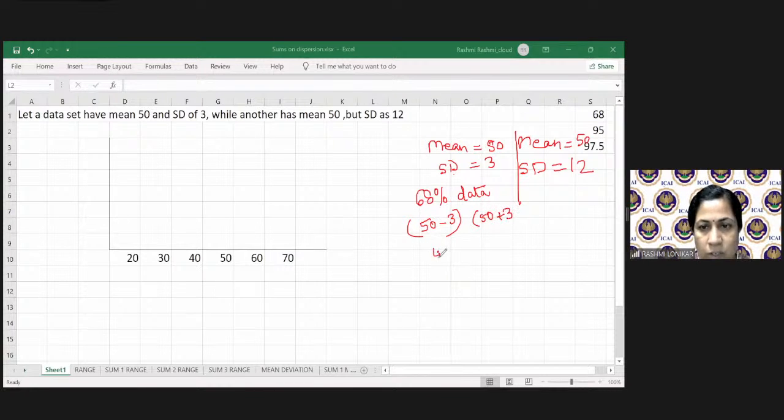This is 47 and this is 53. So for a mean of 50, if I consider this line, this mean is 50. Where will 47 be? 47 will be somewhere here. And 53 will be somewhere here.